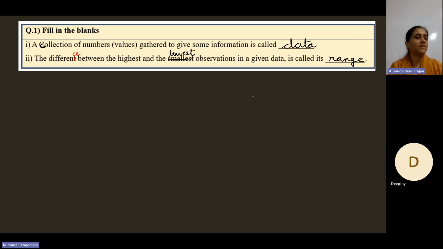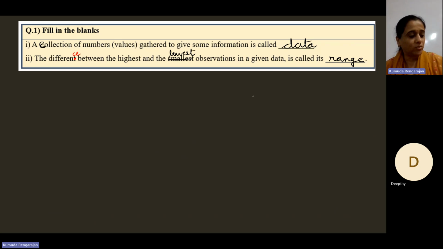Have you learned about the parts of a plant, the venation in leaves, parallel venation and reticulate venation? If your teacher asks you to collect data about the plants whose leaves have reticulate venation and plants whose leaves have parallel venation, you gather the information. That is data, right?